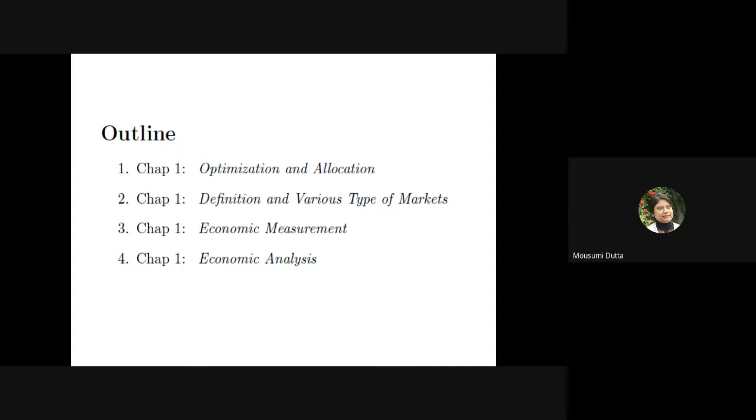I'll also tell you definitions of various types of markets. I'll tell you about different tools and techniques which we use in the context of microeconomics as measurement tools. And at the end, as the conclusion of chapter 1, I'll tell you what is meant by economic analysis.